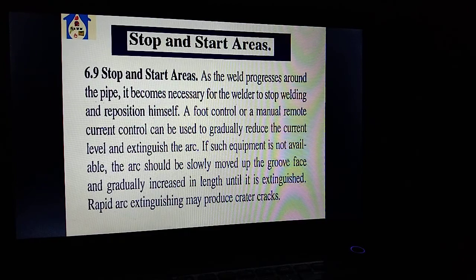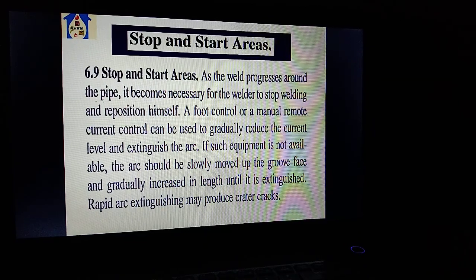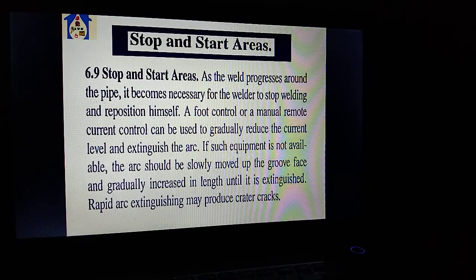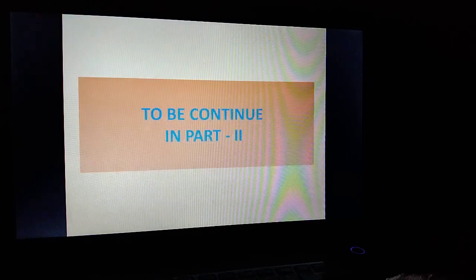If such equipment is not available, the arc should be slowly moved up the groove face and gradually increased in length until it extinguishes. Improperly extinguishing the arc may cause crater cracks.